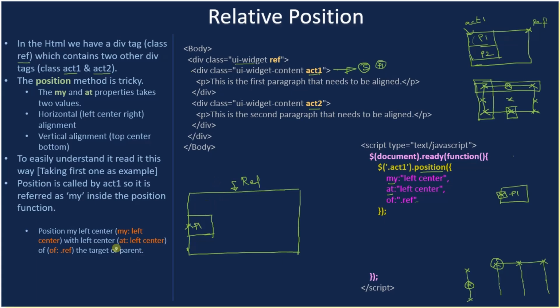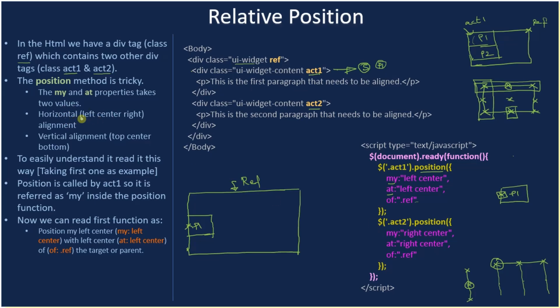The same way, now this is the position utility. Now we can read the first function as position my left center with left center at left center of ref, the target or parent. That's how we are calling this. The same way, now act2 is calling act2.position, align my right center.